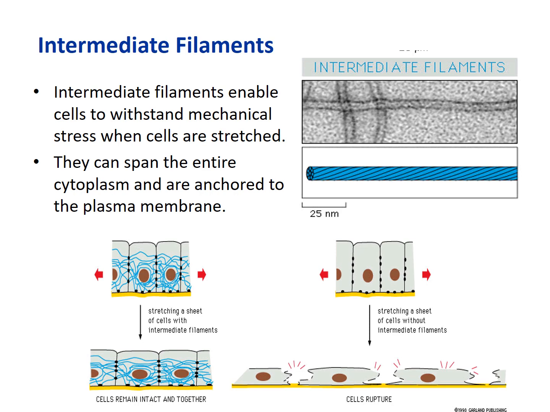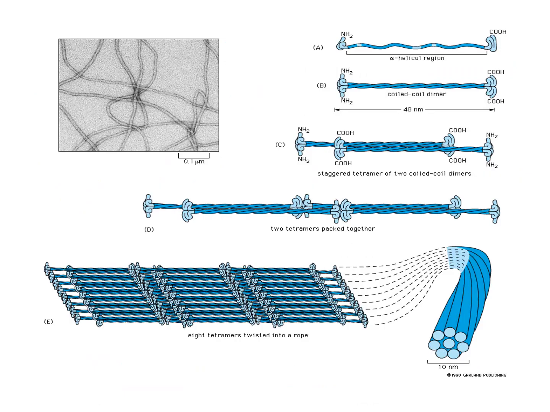And the anchoring allows cells to stretch. Here it's shown stretching, and the cells stay intact. If we didn't have intermediate filaments, cells would rupture. So they withstand mechanical stress.